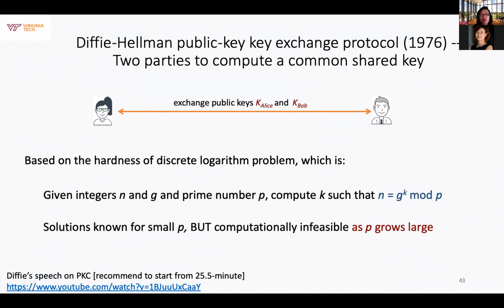And this was the first public key algorithm prior to RSA. And this is also relatively straightforward. So we'll explain before we end today's class. This is a completely different beast from symmetric key encryption.